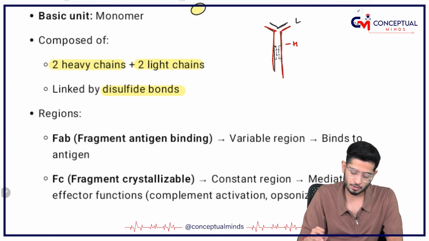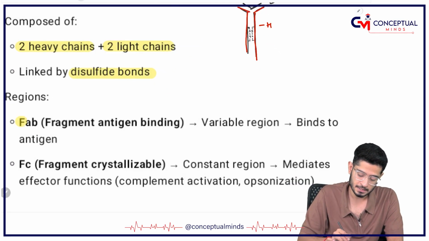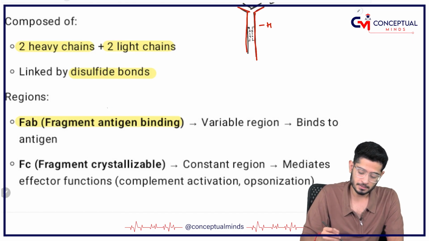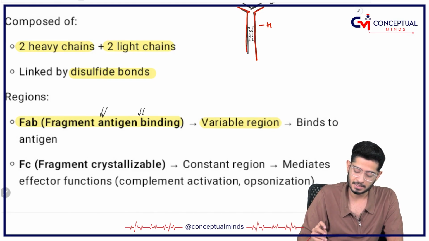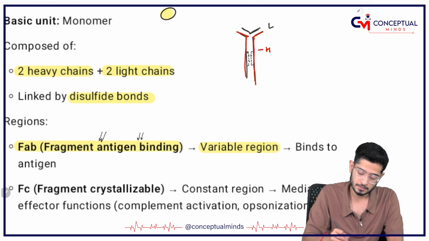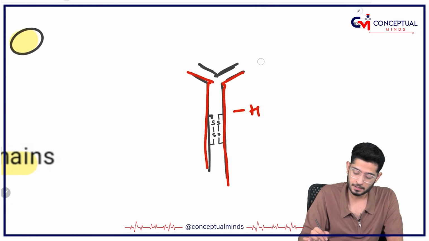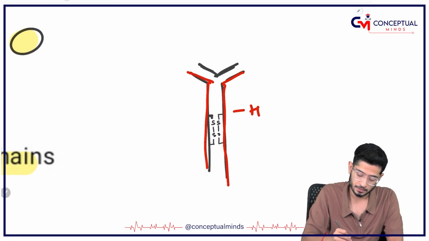Okay, so coming to what is asked, there are 2 regions. One is the FAB. FAB means antigen binding fragment. The antigen binding fragment is the variable region that is responsible for binding to antigen. If you see here, this region in particular is the antigen binding site.